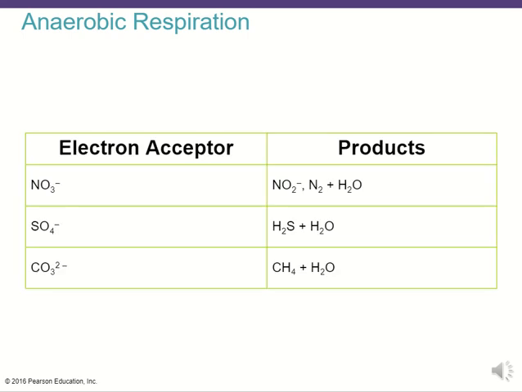Now, in anaerobic respiration, there are electron acceptors such as nitrate, sulfate, and carbonate ions, and the products of which are going to form nitrite, molecular nitrogen, water, or in the case of a sulfate acceptor, you form hydrogen sulfide and water. In the case of a carbonate electron acceptor, you'll form methane and water.